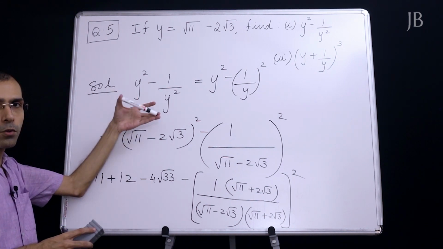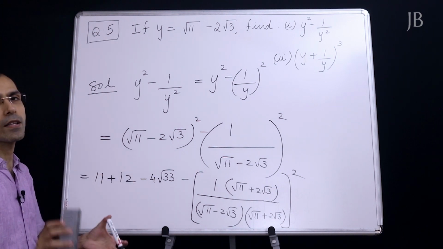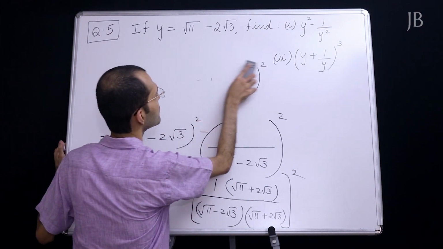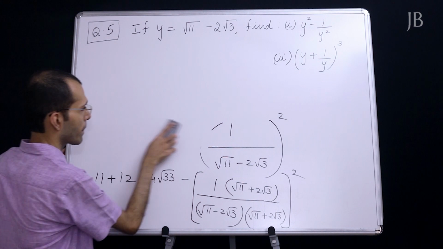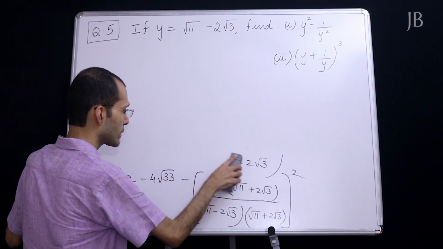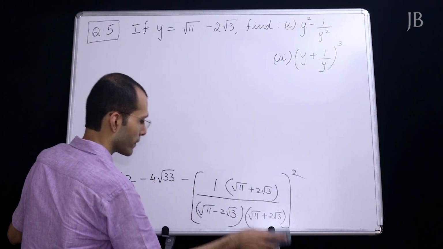And leave 1 or 2 lines at least while writing all this, otherwise it will become too cluttered and you yourself will get confused. This also we will erase now. So have you realized the small trick which we have used to make things a little easy? Okay.